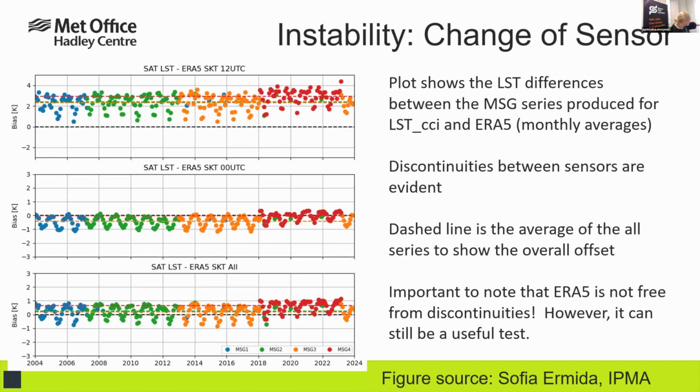You can see particularly in this bottom plot, where she's compared all the data to ERA5 skin temperatures, that some of the data seem to be misaligned, especially MSG4 down at the bottom in red. This is simply because of changes in sensors. Even though they are supposed to be the same sensor, designed by the same people, built probably by the same people, there are differences, and we need to be mindful of these when using data for climate applications.